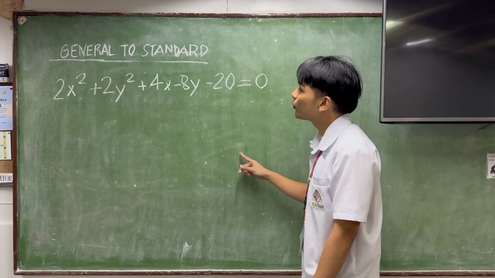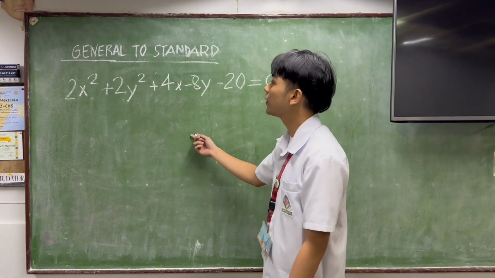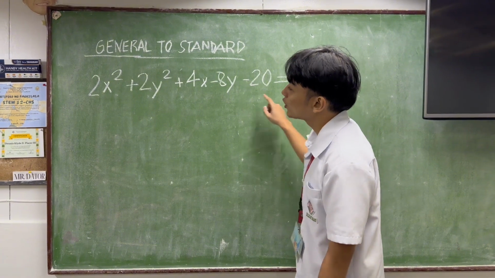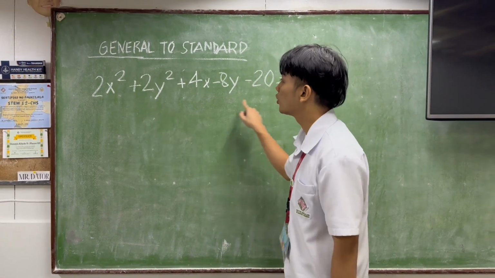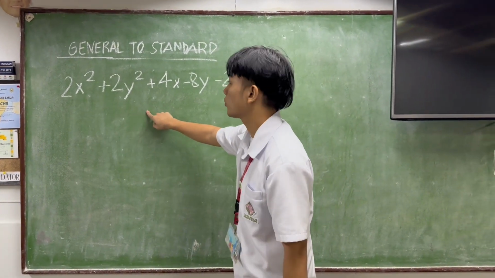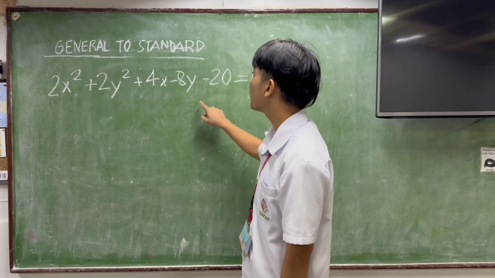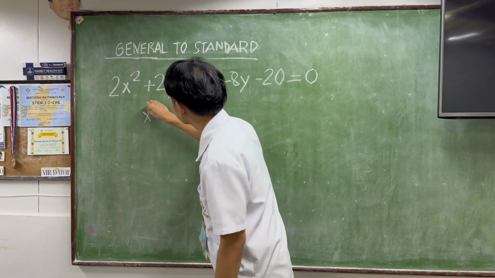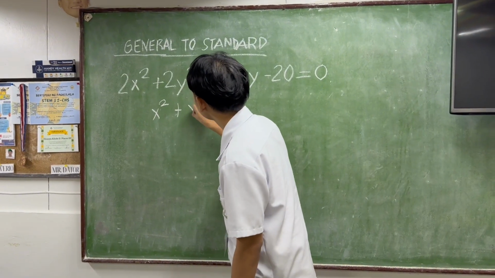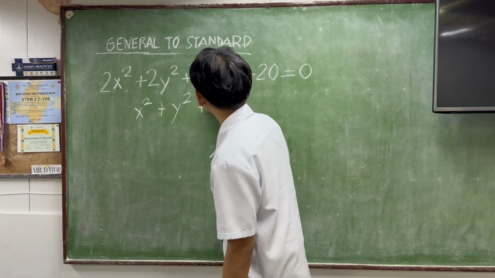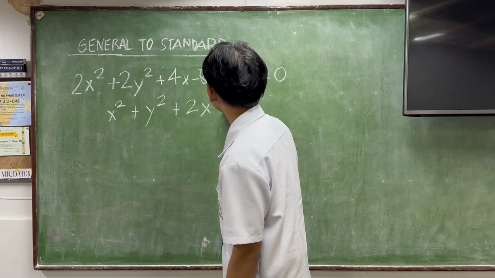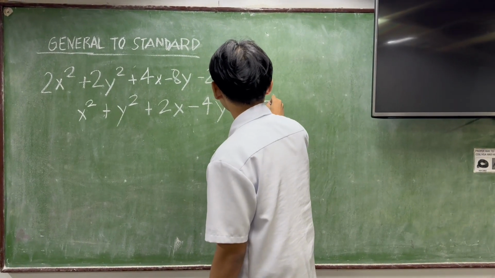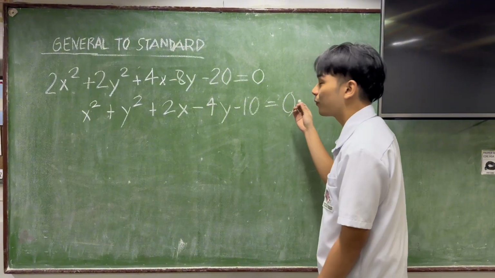Now, moving on, we have an equation here in general form. To convert this general form to standard, first, we need to divide this equation by 2. So 2x squared plus 2y squared plus 4x minus 8y minus 20 is equal to 0. That would be x squared plus y squared plus 2x minus 4y minus 10 equals 0.